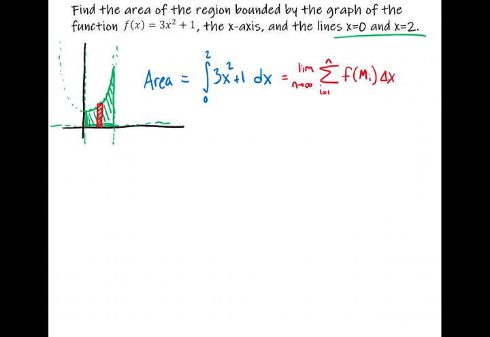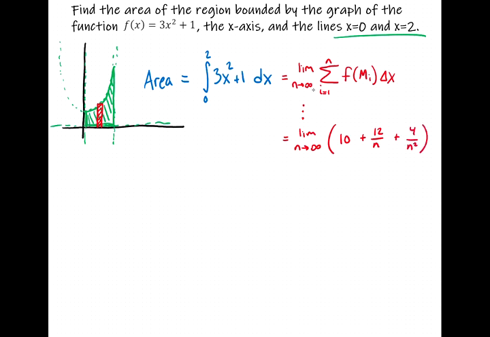I'm not going to go through the whole process because there's quite a bit of algebra in there, but we ended up with the limit as n approaches infinity of 10 plus 12 over n plus 4 over n squared.